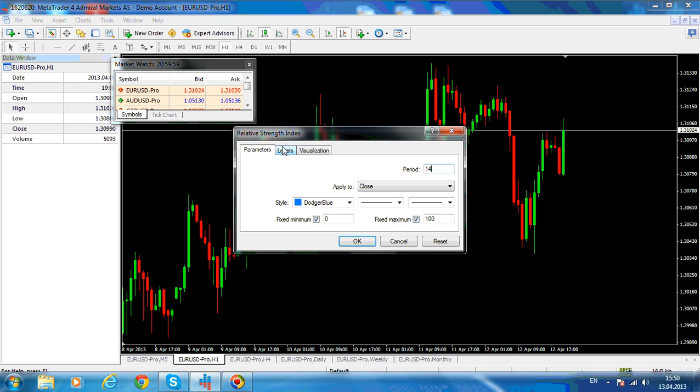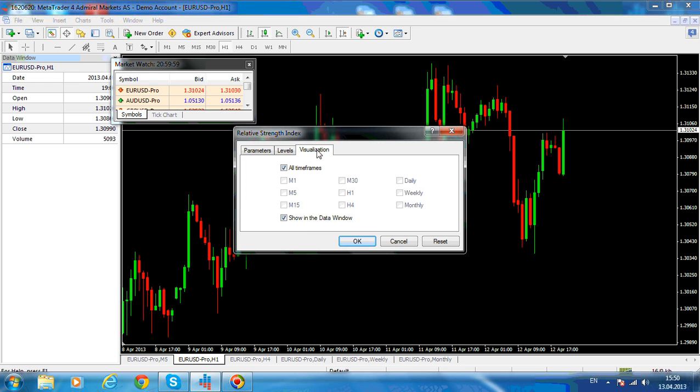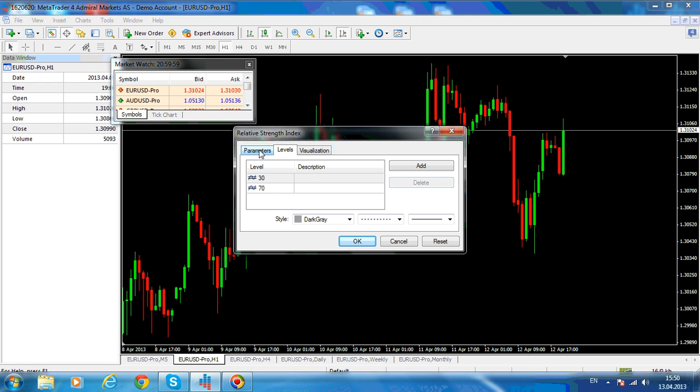The levels, if you click on the levels in here, the default settings are for the 30 and 70 levels, and the visualization, of course, we want to have as good as possible on all the time frames that we might have.